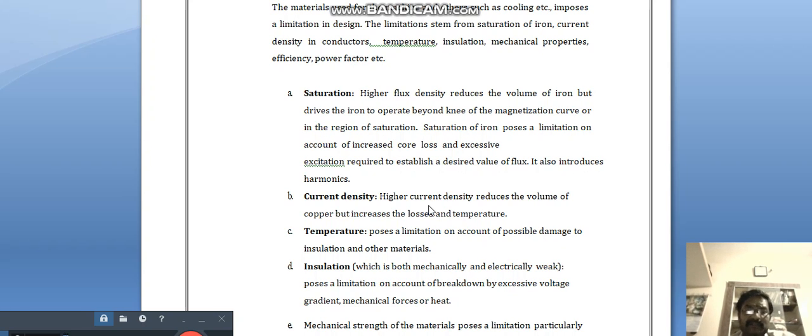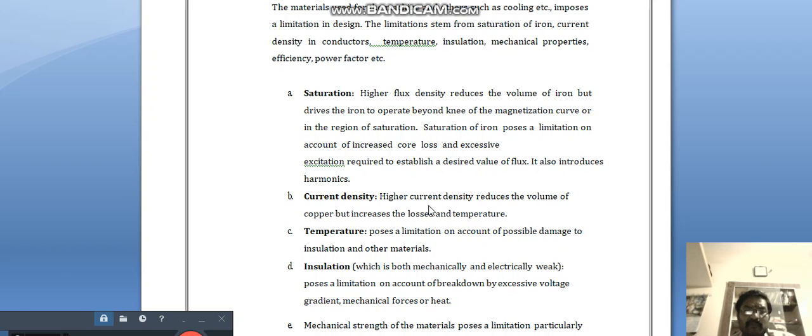Third one, temperature imposes limitations on account of possible damage to insulations and other materials. When we go for high density of conductors, the temperature will increase in the motor, generator or transformer.